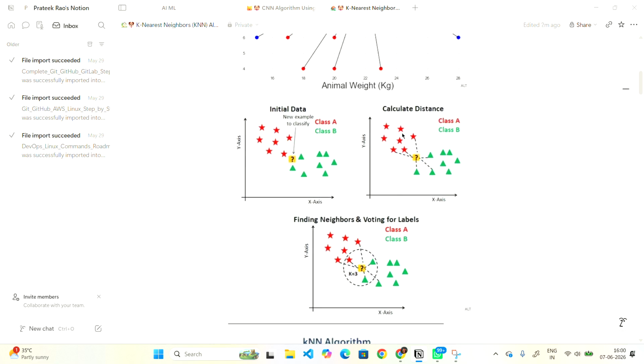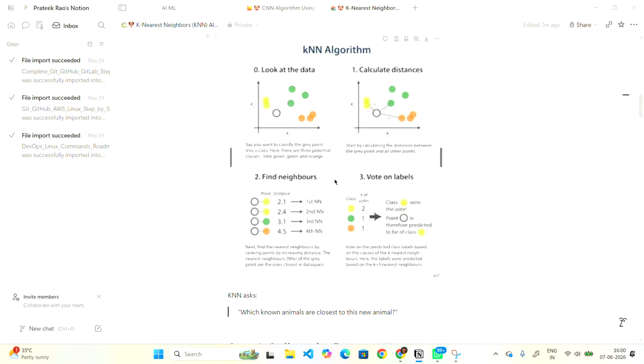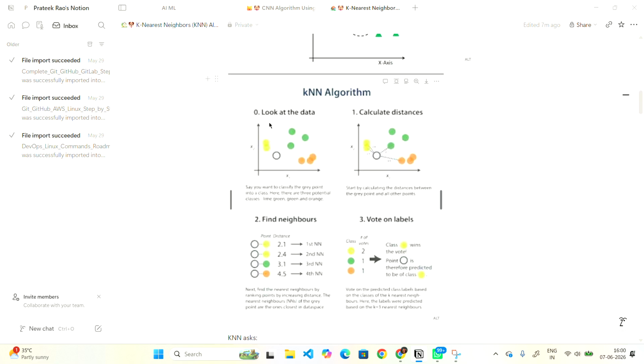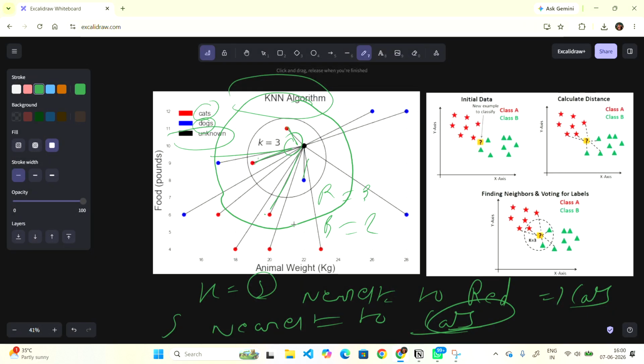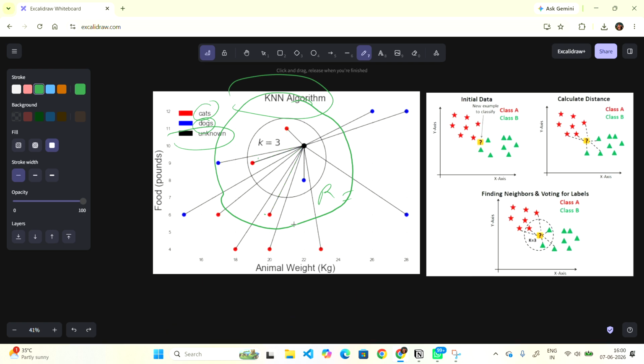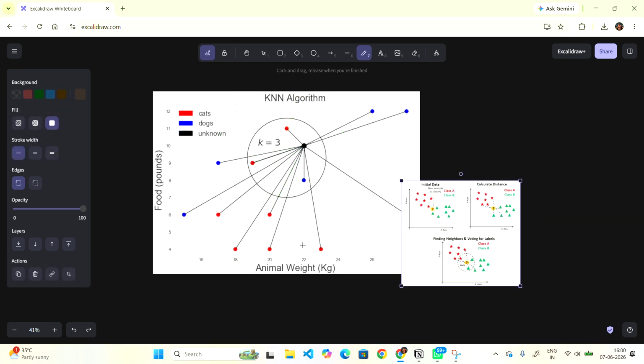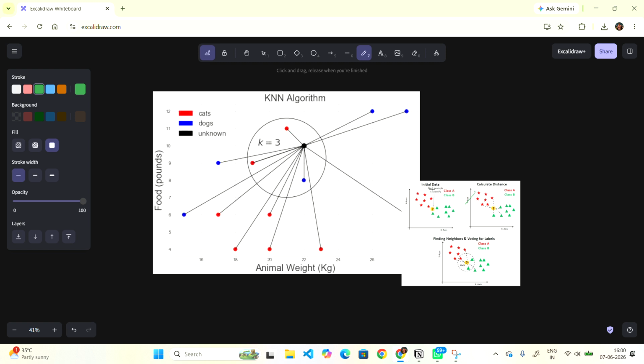Let's go through my notes here. You can see the first step: we need to look at the data. After looking at the data, we are going to calculate the distance. How much is the distance? Then we are going to find the nearest neighbors. First, I look at my data.